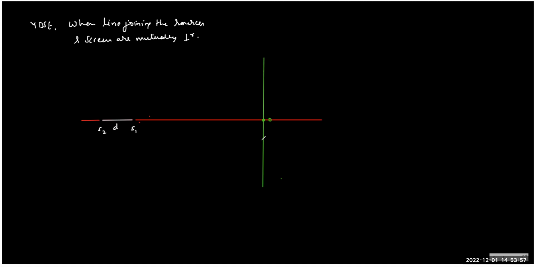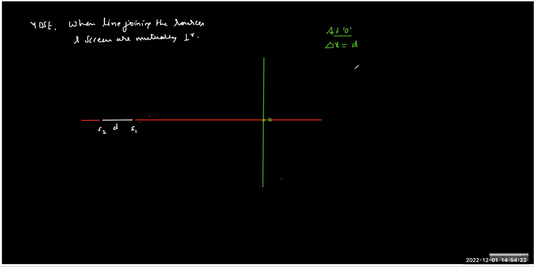So the idea is, O is neither maxima nor minima. We cannot say anything about O. You know why? Because the path difference at O is already known to us. At O, the delta x is D already, isn't it?